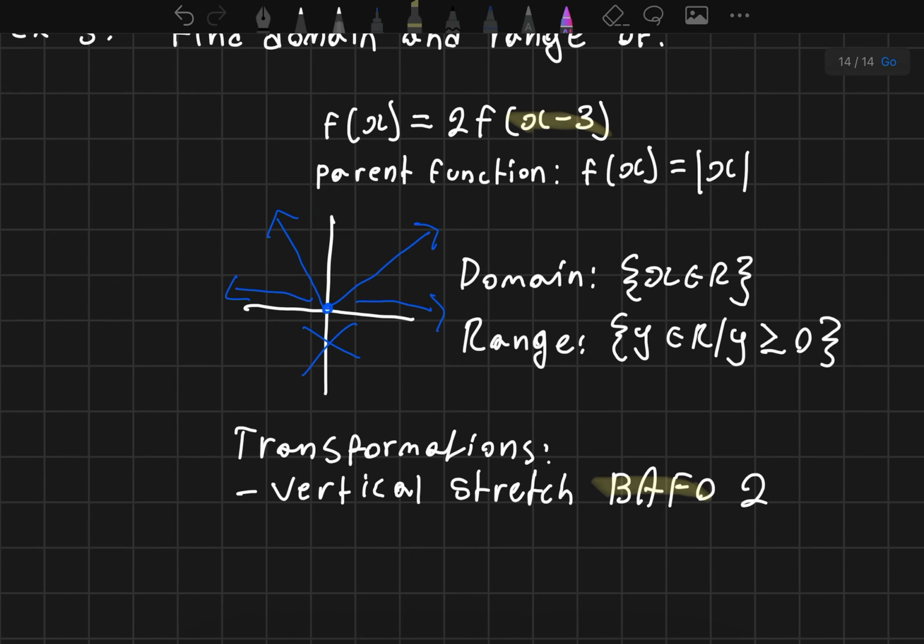And we can tell that the 2 is a vertical stretch by a factor of 2, and this x minus 3 is a shift by 3 units.